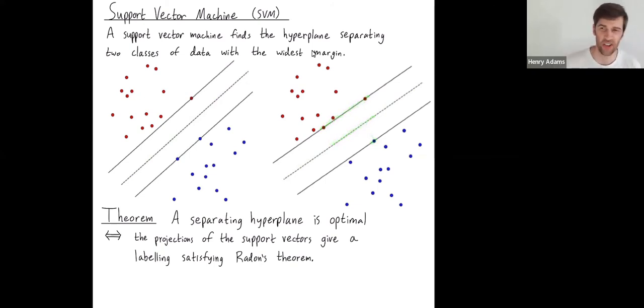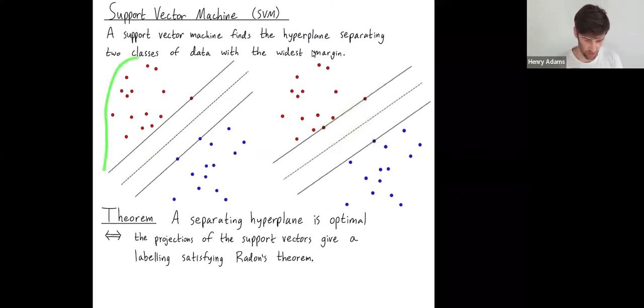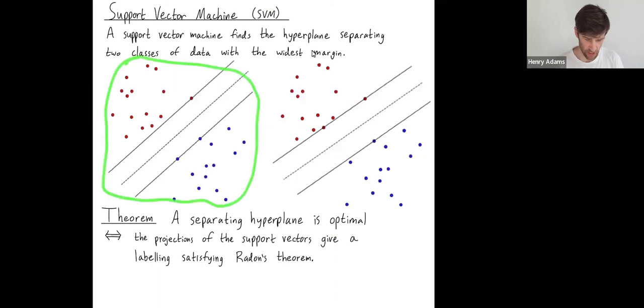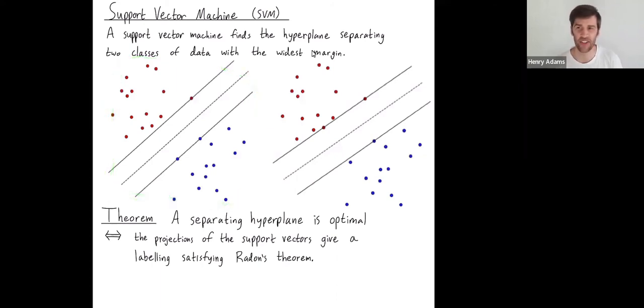Okay, so you'll actually see pictures in textbooks where folks claim that this is an optimal support vector machine configuration, but it's not. And you can use this convex hulls intersecting criterion to verify that using our main result.